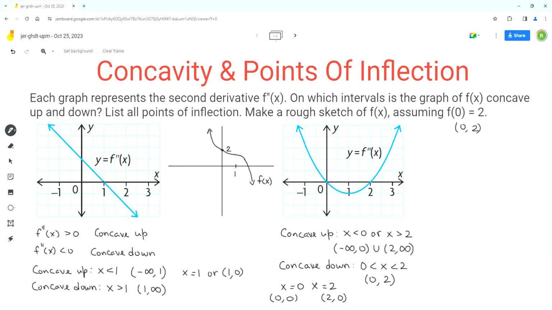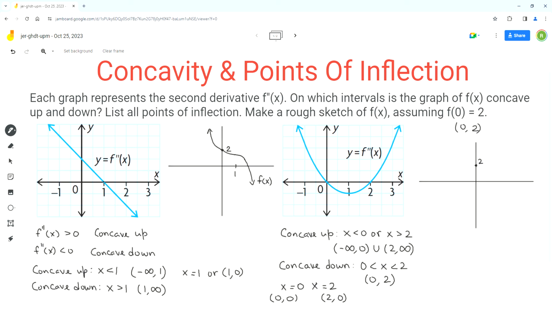Now we can make a rough sketch for f at x for the second given graph. So we are given the point (2, 0) lies on this function f at x. So let's assume this is the point. Now we can analyze the intervals for concave up and down.